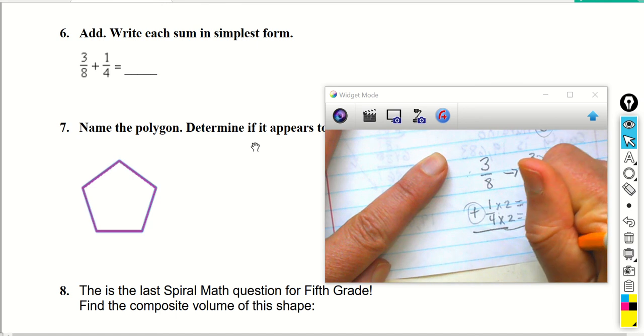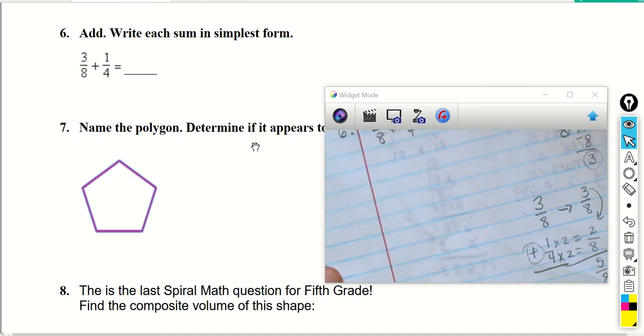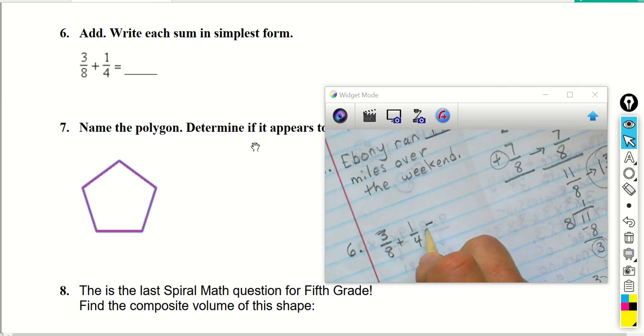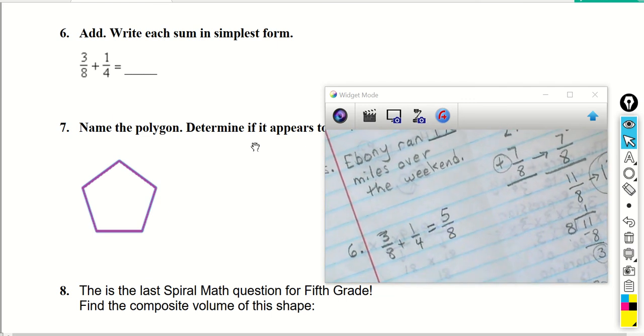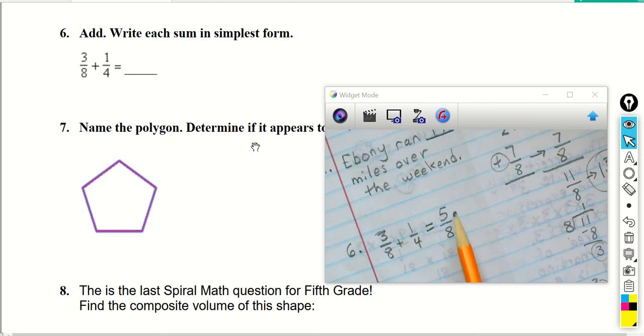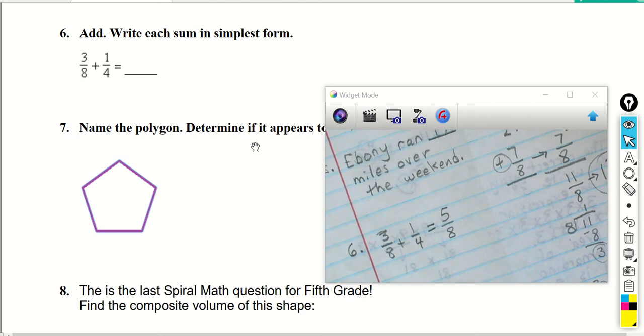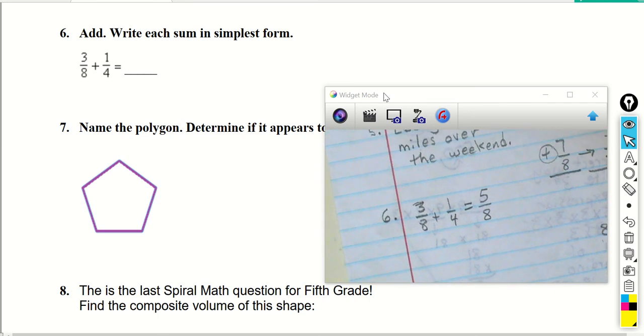And then my denominators aren't added, they stay the same. It's 5/8. So over here, I go ahead and write 3/8 plus 1/4 equals 5/8. I can't simplify that because 5 is a prime number and I can't divide 8 by 5, so I'm stuck with just 5/8 without being simplified. All right, we're going to go on and take a look at number 7.